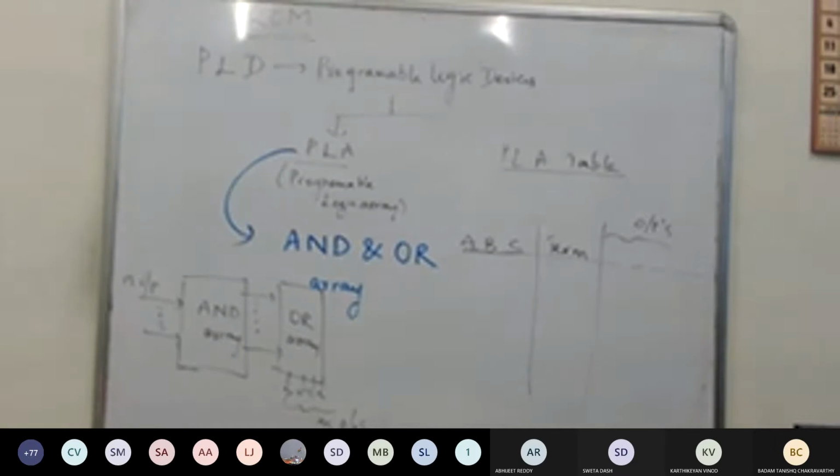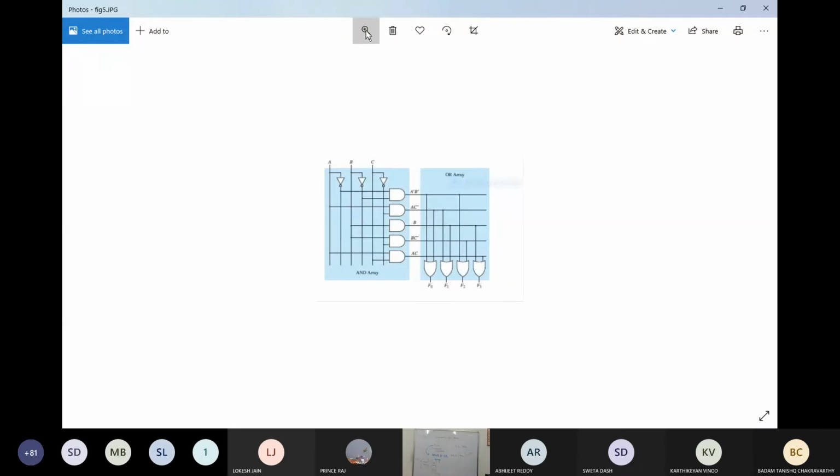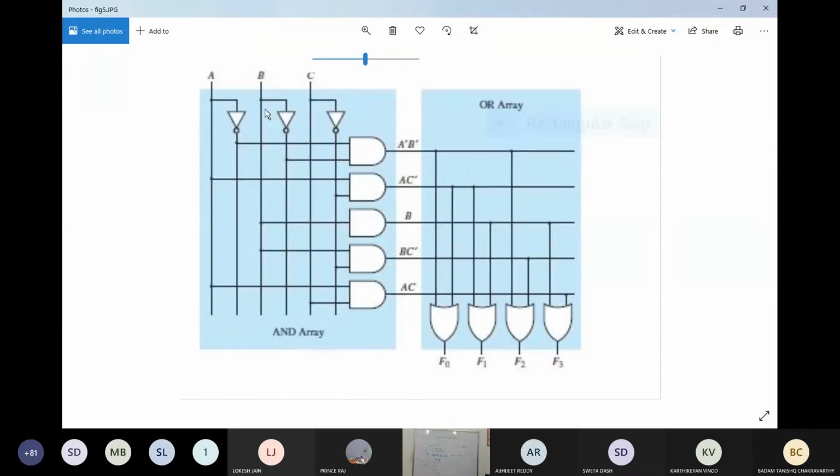Crisp. This is what we have till now. We have the AND array, we have the OR array. Then the functions are made from the switches. This is another representation, the same one I have shown earlier with the switches. AND array, OR array.